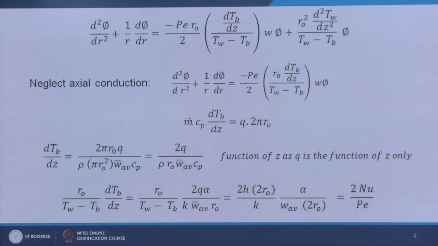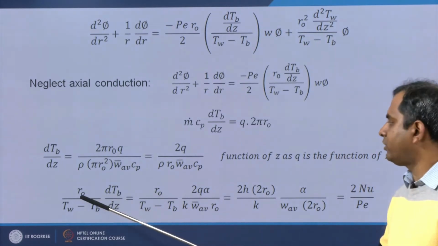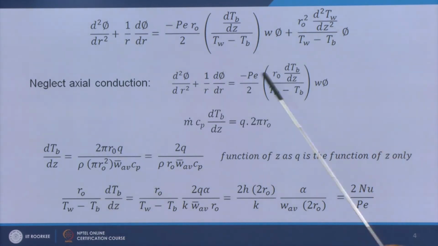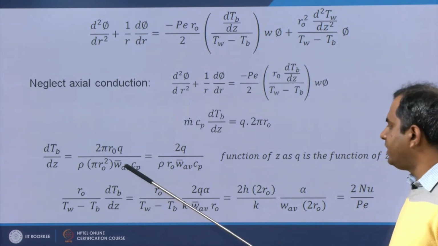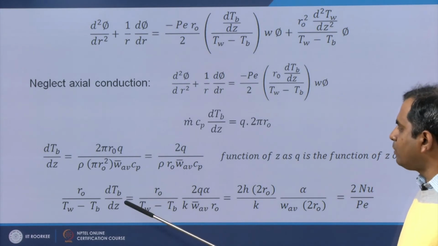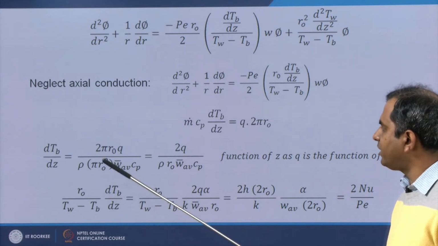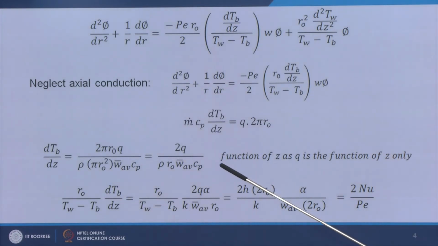Next, let us see what this term in our equation becomes. Let us try to simplify it: r₀ divided by (Tw minus Tb), multiplied by this dTb/dz. Let us put in the value of dTb/dz that we got in terms of q just before this.